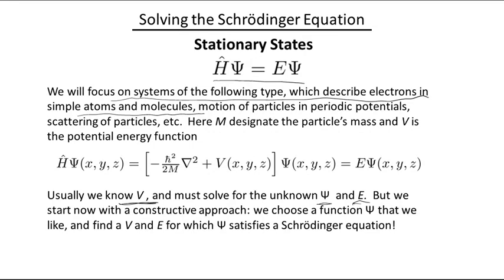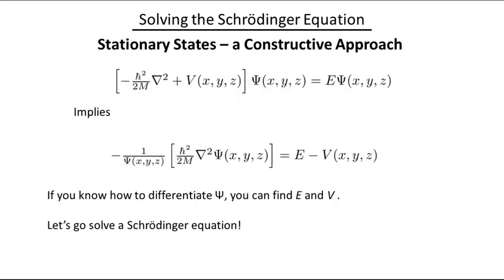We're going to get to that, but at first we're going to take a slightly different approach than is conventional, and that is look at some well-known function psi and see which Schrodinger equations they satisfy. Because if you have some experience doing that, then you can often make your way forward much more rapidly in solving a practical problem. This constructive approach that we're discussing now is actually extremely simple.